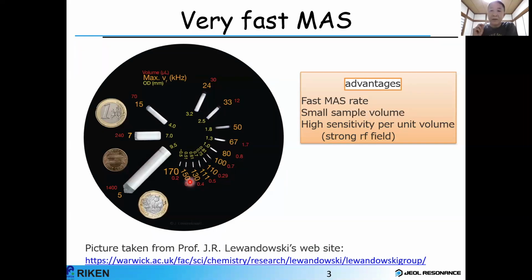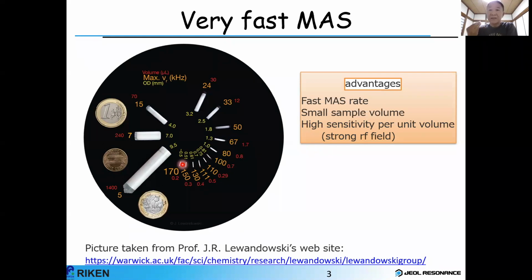Then there are several side effects. One of the side effects is sample volume. Since the sample rotor is very tiny, we don't need a huge sample amount. If you have 1 milligram of sample, that is more than enough. This can be a disadvantage, because of sample volume, maybe we lose sensitivity.